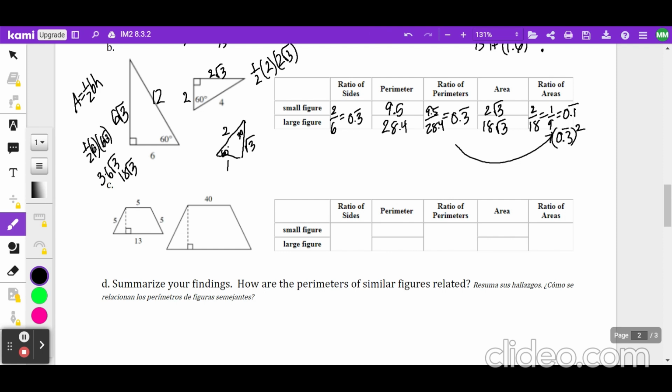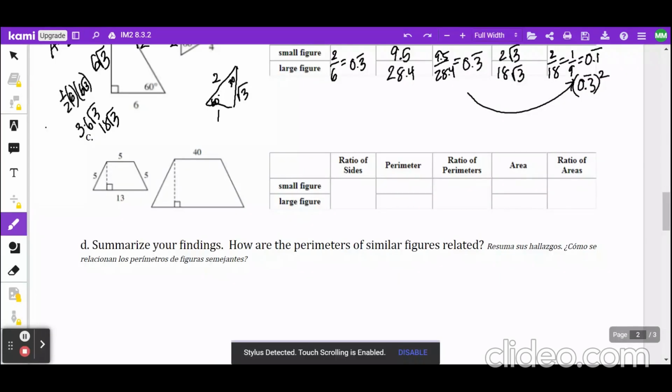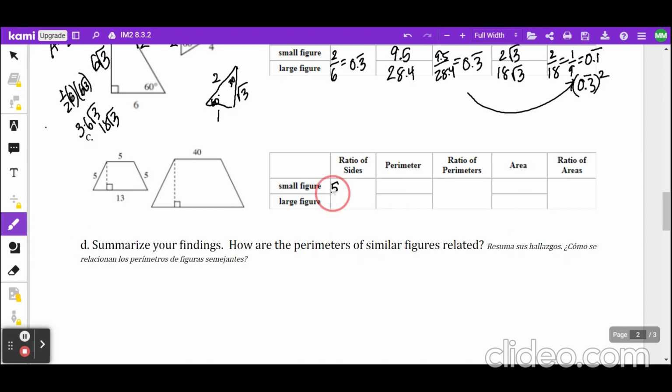Now we have some trapezoids. All right, and we continue. So here for this part, we have the trapezoid, and we can already do the ratio of sides. 5 divided by 40 is, let me get my calculator, 5 divided by 40, enter, is 0.125.